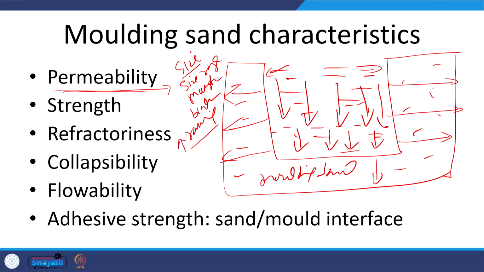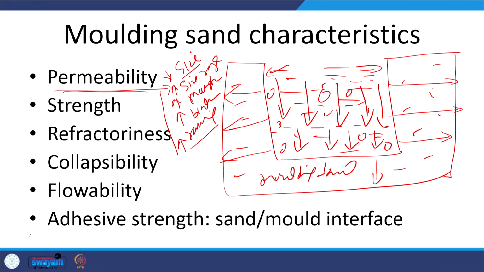So, higher ramming, greater binder, greater moisture, wider size range, and finer size all reduce the permeability, meaning they will make the escaping of the gases difficult. If the gases are not allowed to escape from the mold wall, then these will be entrapped in the molten metal, which in turn will lead to the development of porosity within the casting.